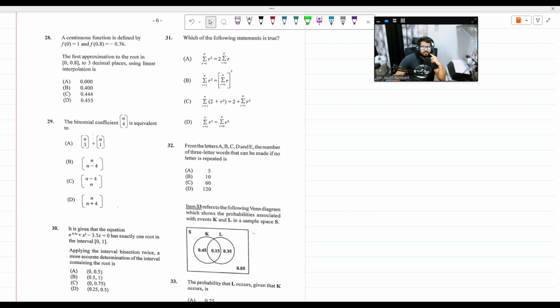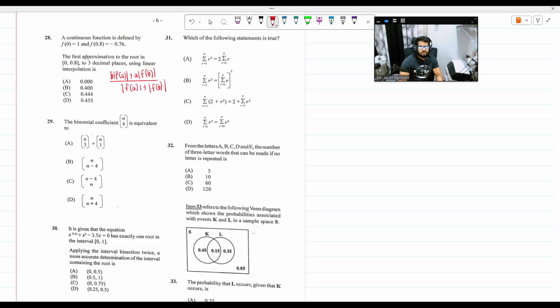A continuous function is defined by the first approximation. 28 is definitely a repeat question. So just remember, for linear interpolation, it's going to be b mod f of a plus a mod f of b over mod f of a plus mod f of b.